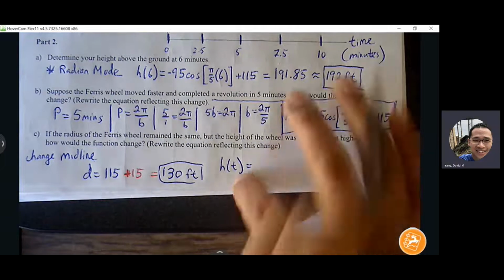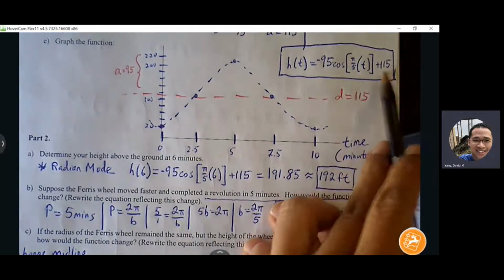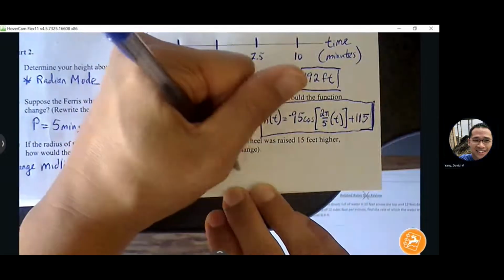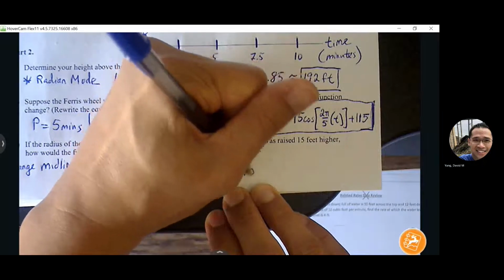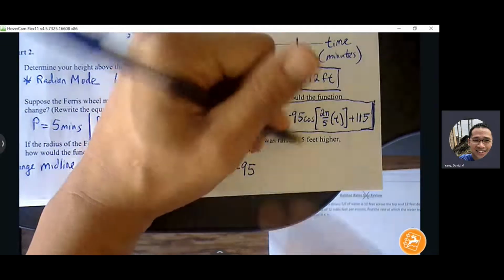I'm going back to my original equation and just adjusting that d value to a new one. So it's assuming that I'm still at the 10-minute revolution.